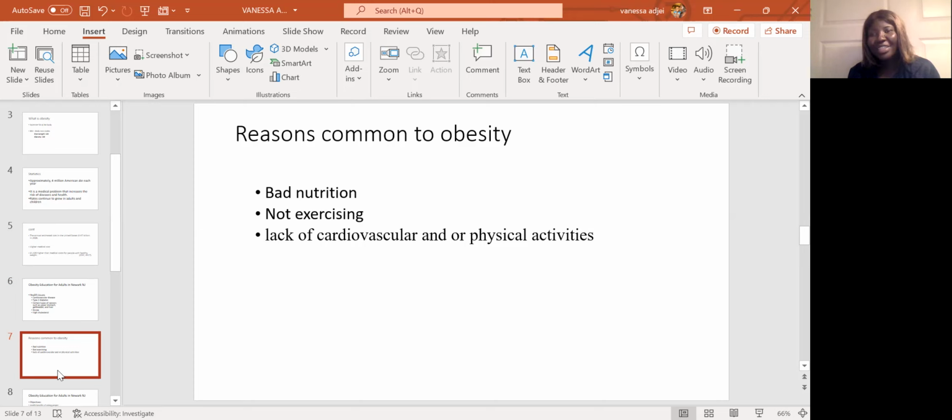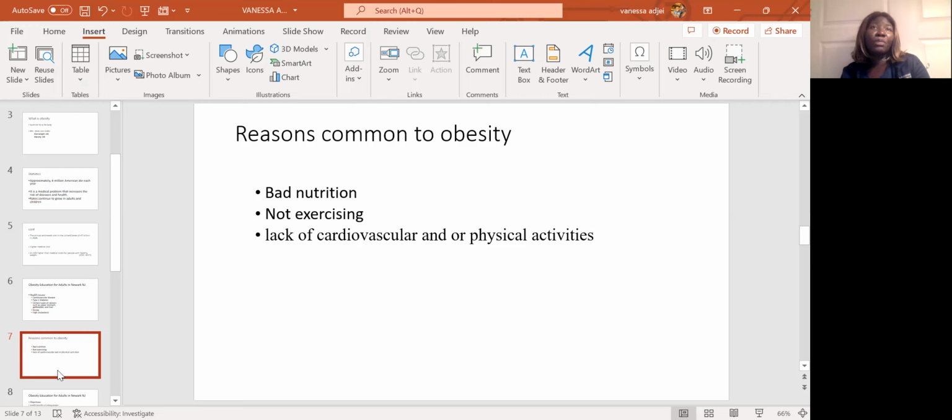So we encourage everybody to walk and move around the house. You don't have to get a gym membership in order to exercise. You can just walk up and down the stairs if you have them. If not, just walk around. You can pick something up and do a little bit of exercise.